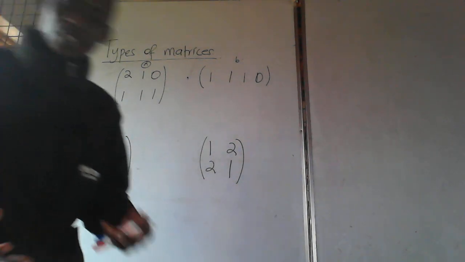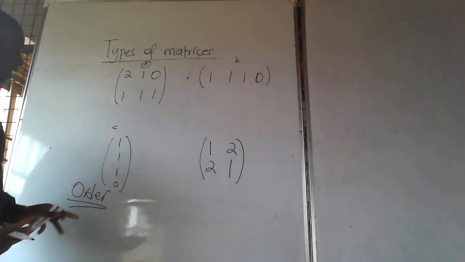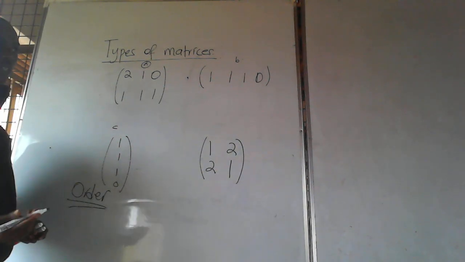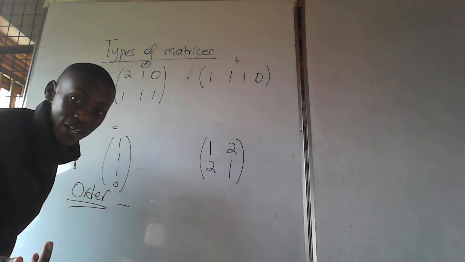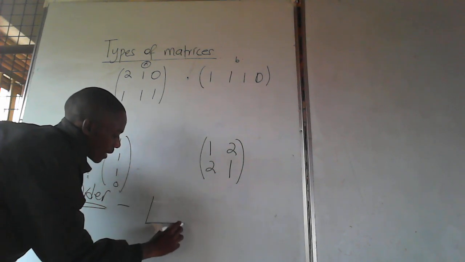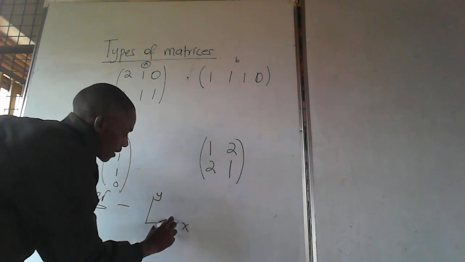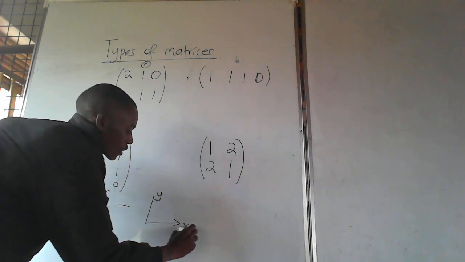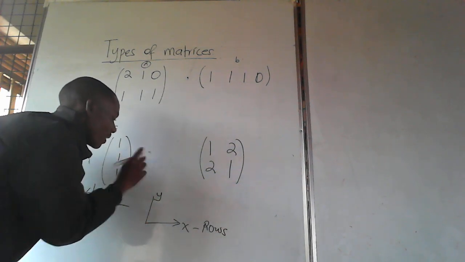I believe this is something that you've heard of before. The order is the arrangement: how many rows and how many columns. When we are stating matrices, we state them the way you've been doing axes, X and Y in plotting. X is the one that is horizontal, so for us we call that rows. Then Y is the one that is vertical.